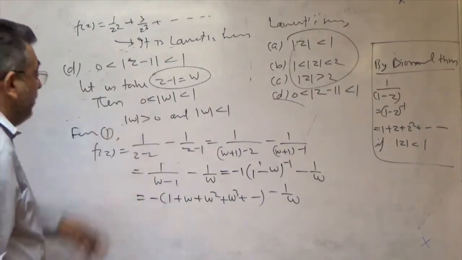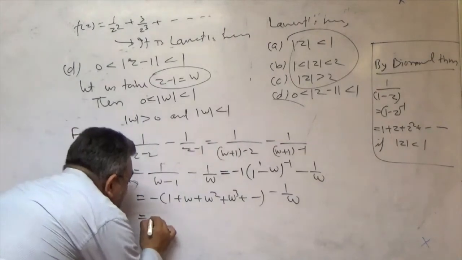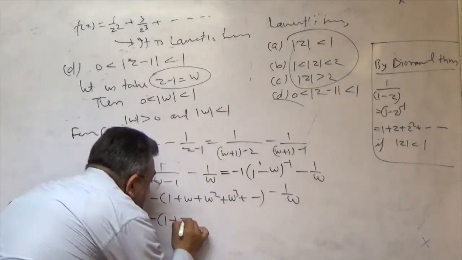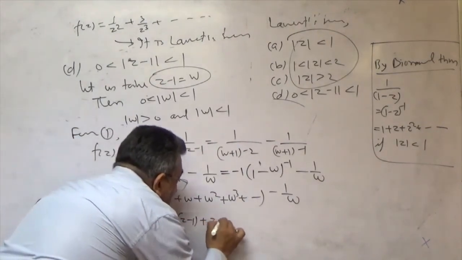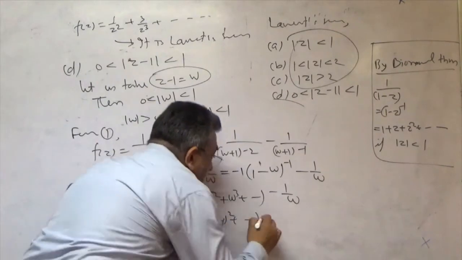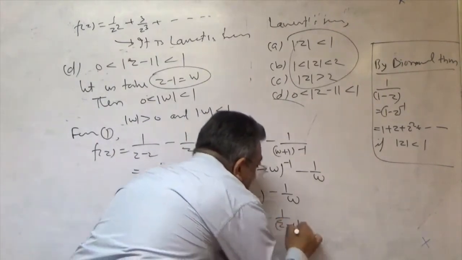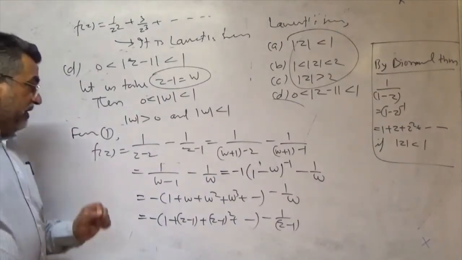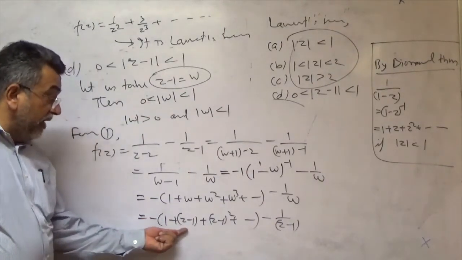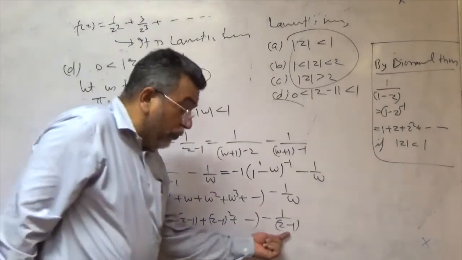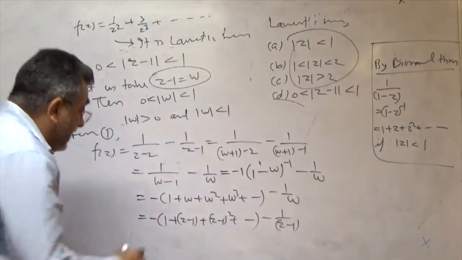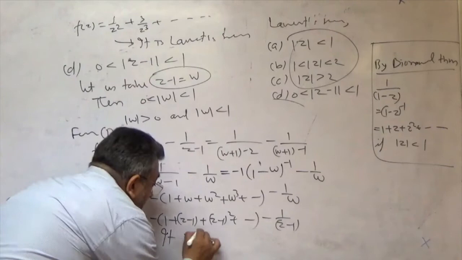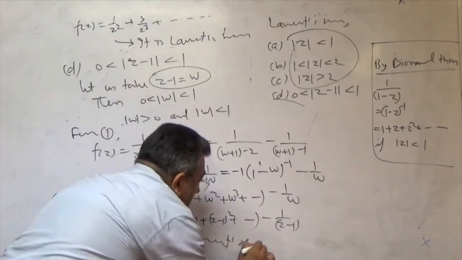Now substitute the value of w, that is minus 1 plus (z minus 1) plus (z minus 1) square, and so on, minus 1 upon z minus 1. And we see that again in this expansion, positive powers of z minus 1 are contained and also one negative power. So it is again a Laurent series, right?